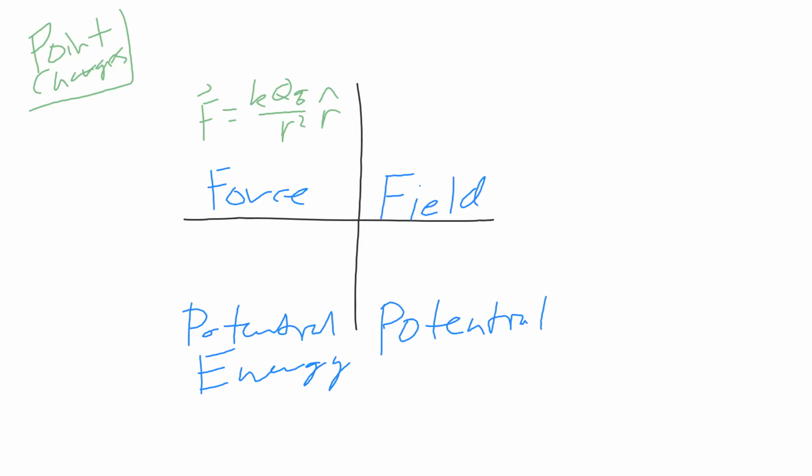And then for field, field is pretty similar. But to get from force to field, we divide out little q. So we have k big Q over r squared r hat. And doing that operation, dividing by little q, gives us our first bridge from one to the other.